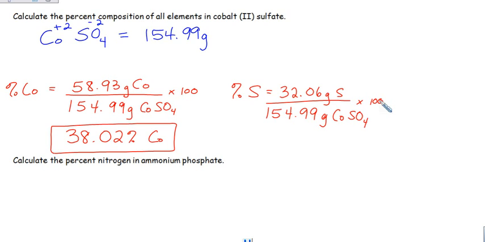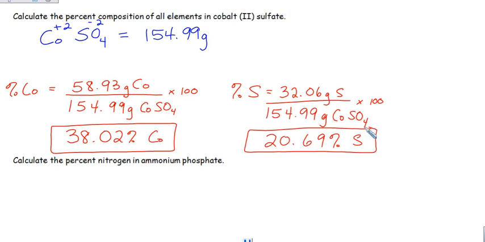Here I'm looking at maybe 20.69% sulfur. Cool. See, this isn't so bad, is it?